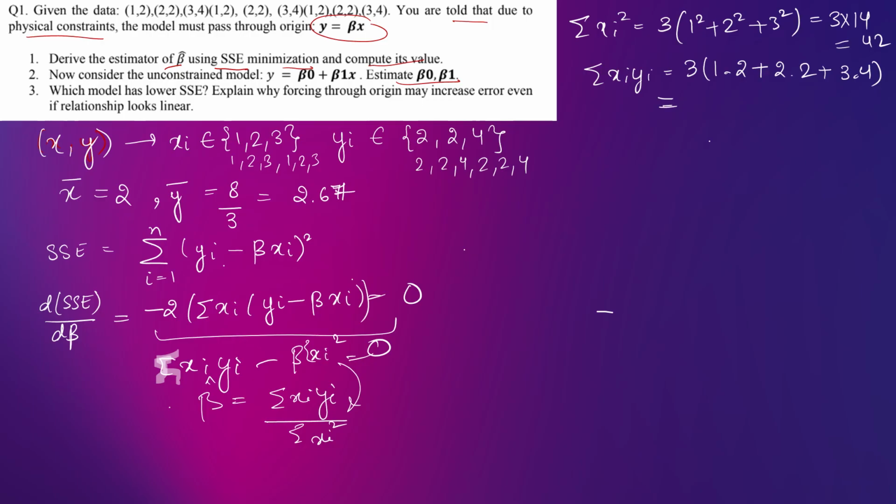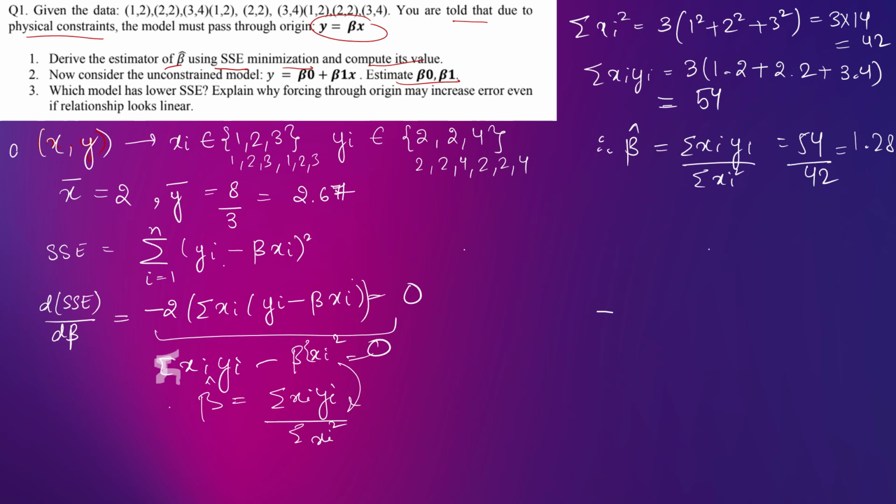On solving, you'll get 54. Therefore, beta bar comes out to be summation xi yi upon summation xi square, 54 upon 42, which is 1.28, or to be precise 1.286.